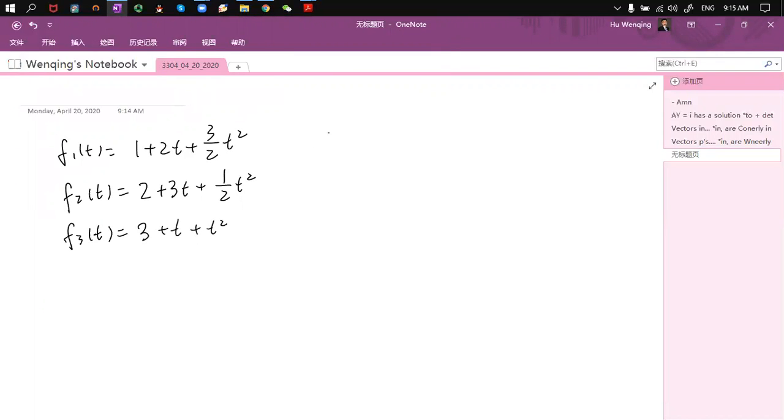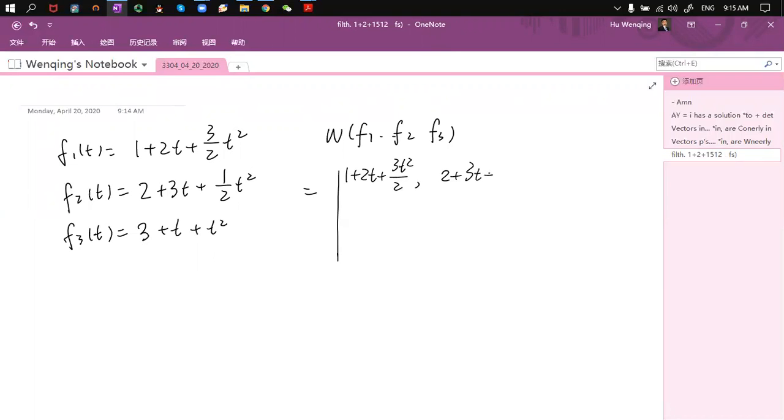Then you're going to see that the Wronskian of the functions f1, f2, and f3 has as its first row the functions themselves: 1 plus 2t plus 3t squared over 2, 2 plus 3t plus t squared over 2, and 3 plus t squared.